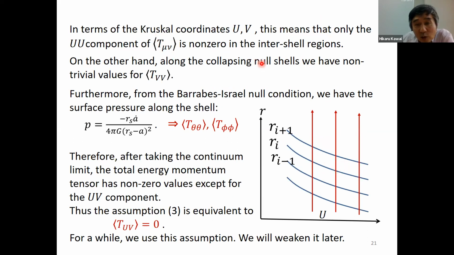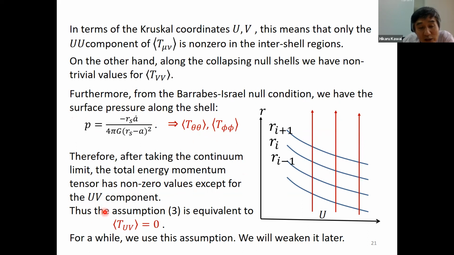On the other hand, along the collapsing null shell, we have non-trivial values for T_VV because the shells are coming. Furthermore, from the Barrabès-Israel null shell condition, we have the surface pressure along the shell. The surface pressure is proportional to A dot. So we have non-zero T theta theta and T phi phi. Therefore, after taking the continuum limit, the total energy momentum tensor has non-zero values except for the UV component.